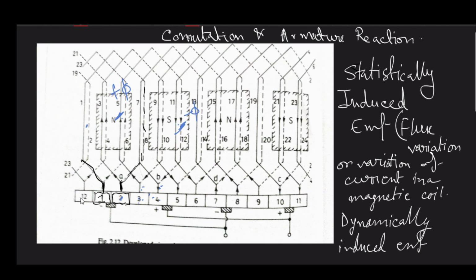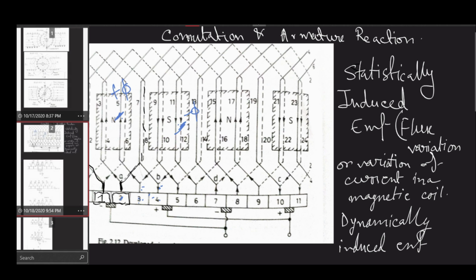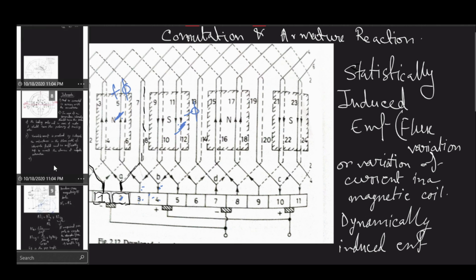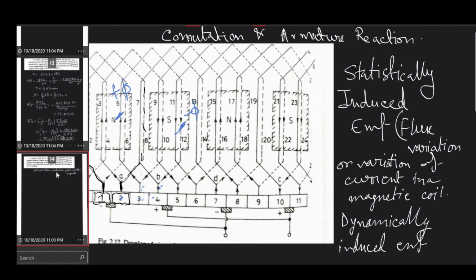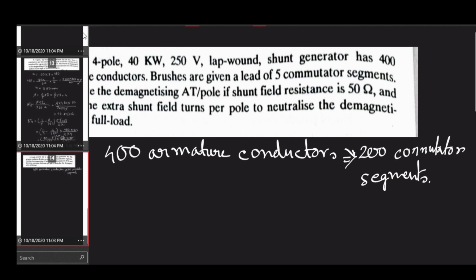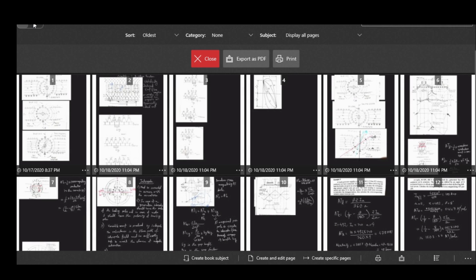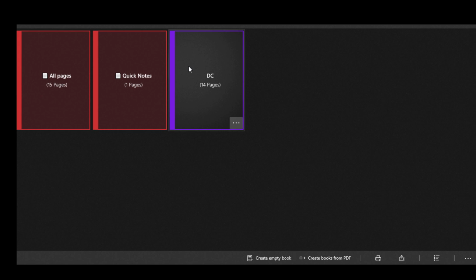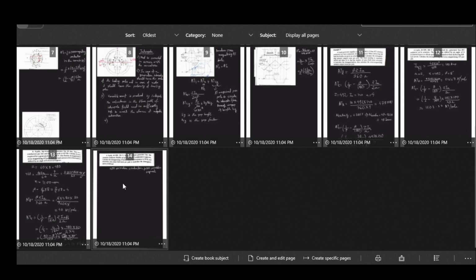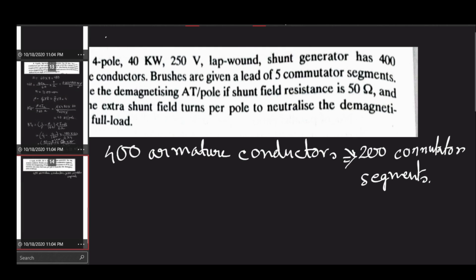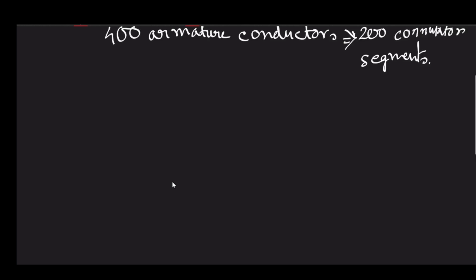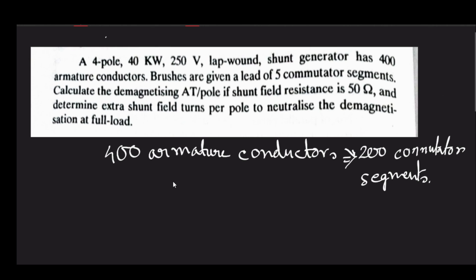Only 12. So whatever number of conductors you have, your commutator segments will be exactly half of that, right? So 200 commutator segments, right?